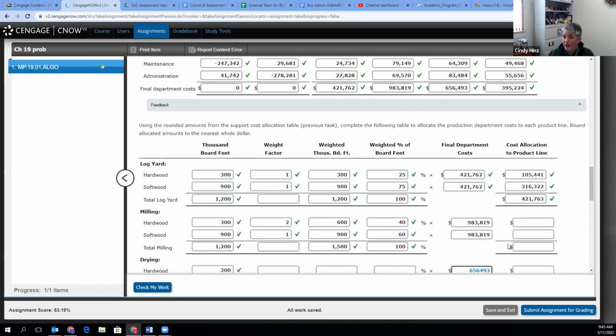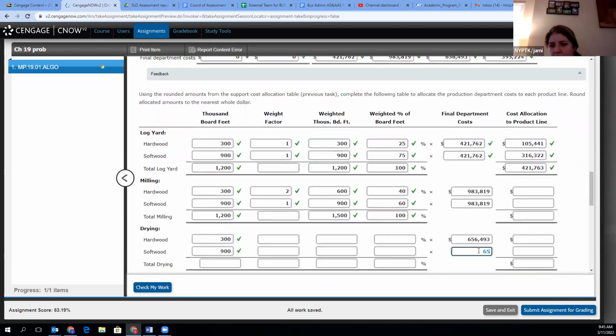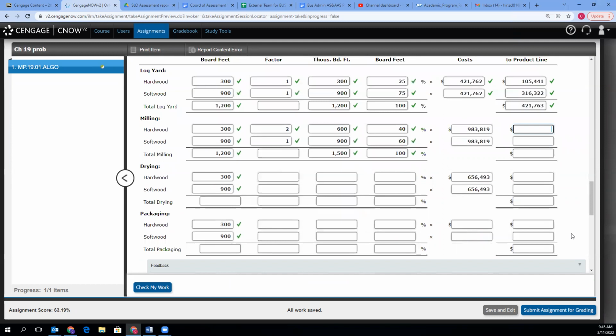Okay. And then we just do the math. Oh, so we just take the 40%, multiply it by that 983 to get that total. Exactly. Okay. The log yard should be the only one with that weird rounding situation. Okay. All the rest seem to be fine.